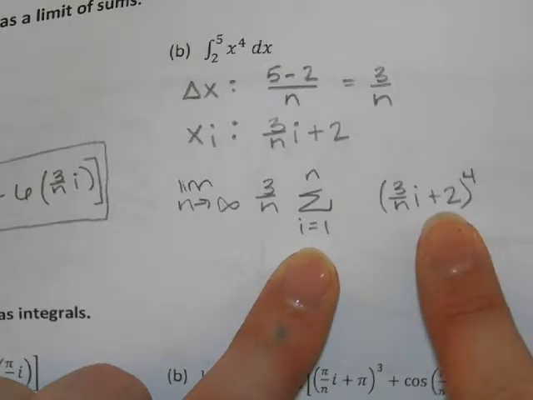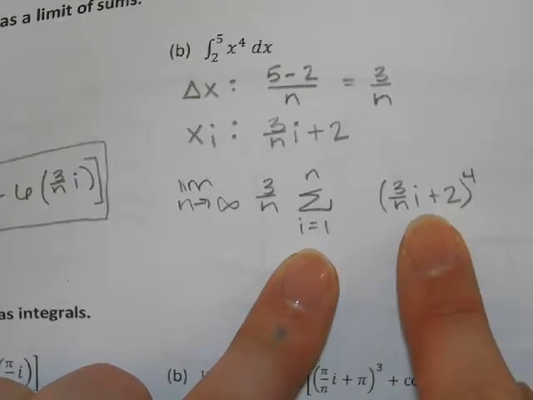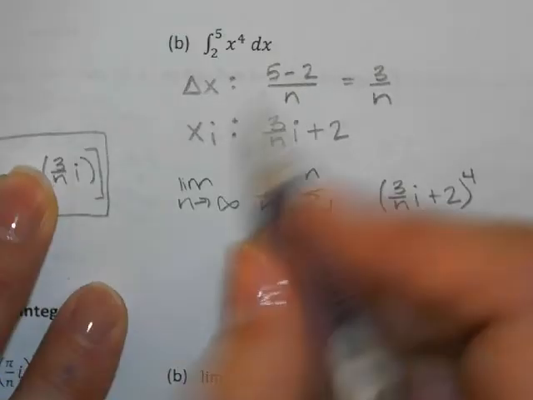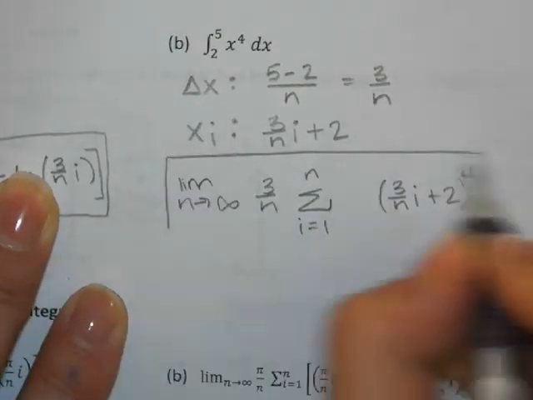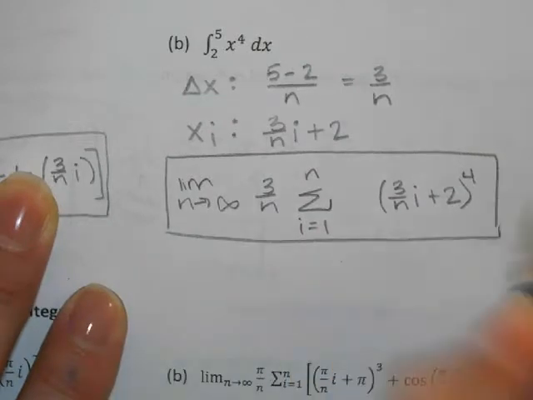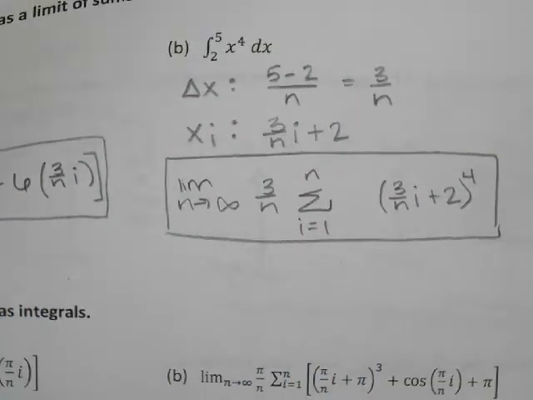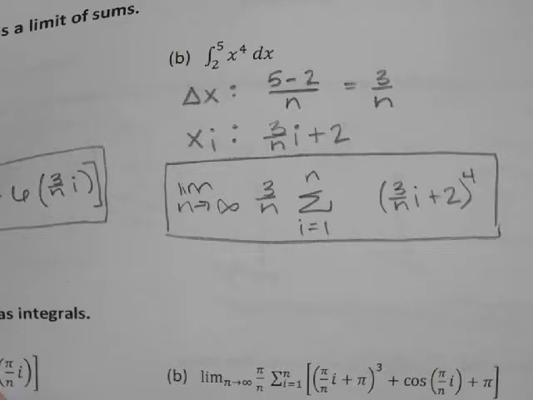And this time you do not need brackets around it because it was just one term, not multiple terms. How do your brains feel about that so far? Relatively okay?